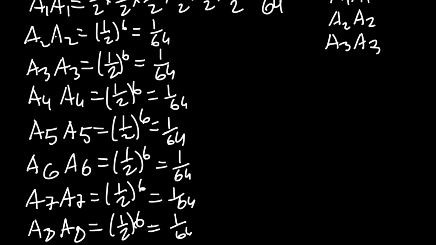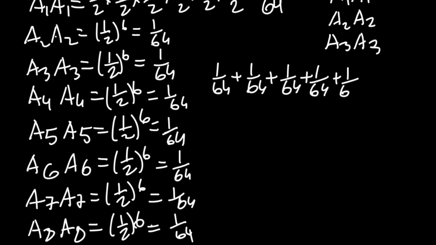So basically now what we have to do is add all these probabilities for being homozygous for all these alleles. So we have to add 1/64 plus 1/64 plus 1/64 plus 1/64 plus 1/64 plus 1/64 plus 1/64.